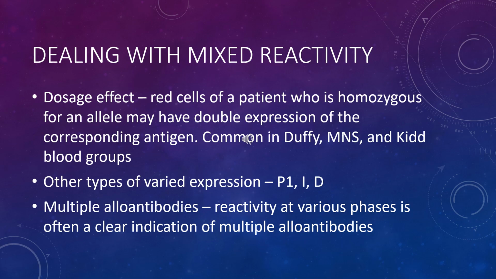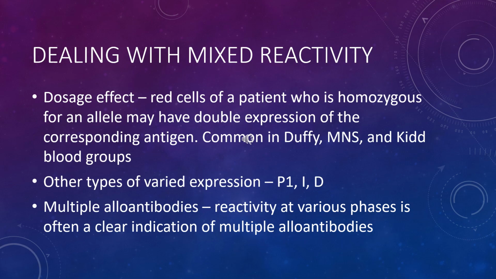So we've gone over the dosage effect. That's one thing that can cause mixed reactivity. Certain blood groups exhibit dosage, or homozygous inheritance will lead to a stronger expression of an antigen, and that translates into a greater strength of reactivity with antibodies. But antigenic expression can vary in other ways too.